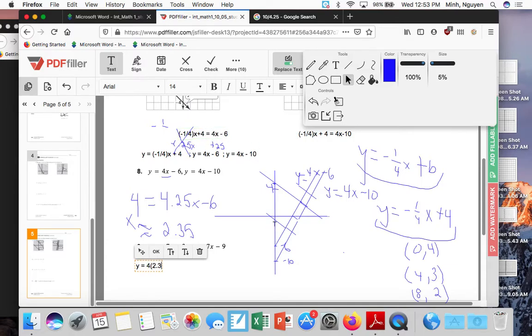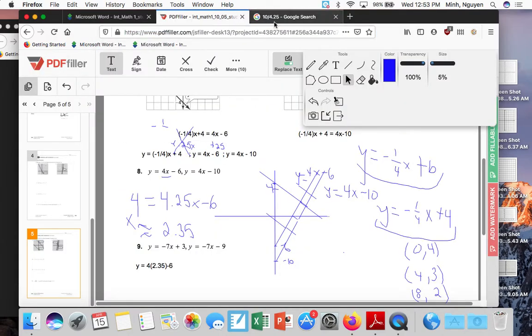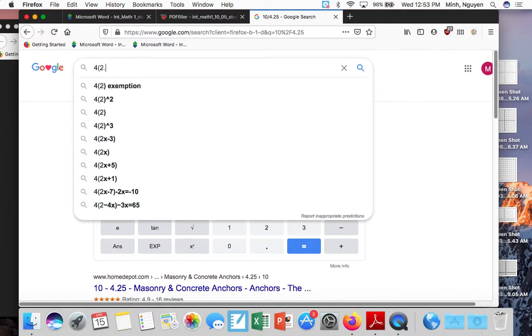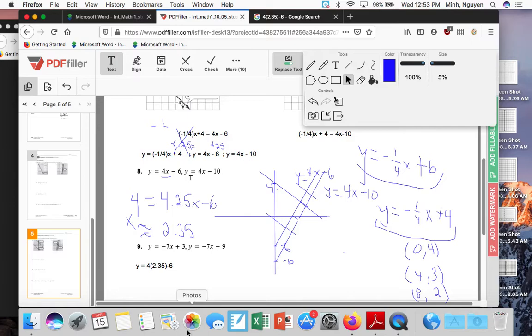So y equals 4 times 2.35 minus 6. Again, just use your calculator, and that's about 3.4. So now I know my point. y is approximately equal to 3.4. So my first point is (2.35, 3.4).